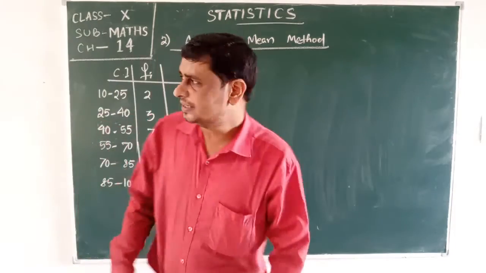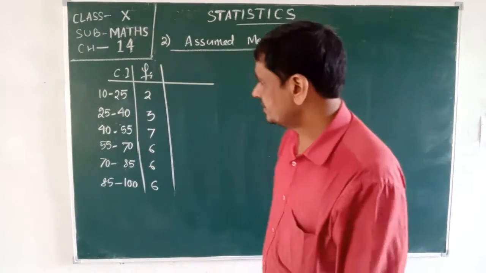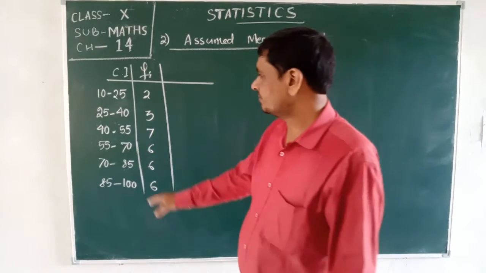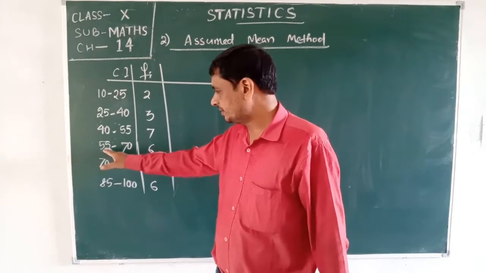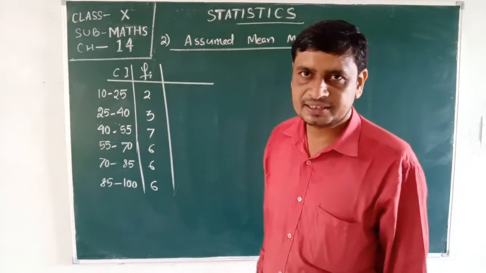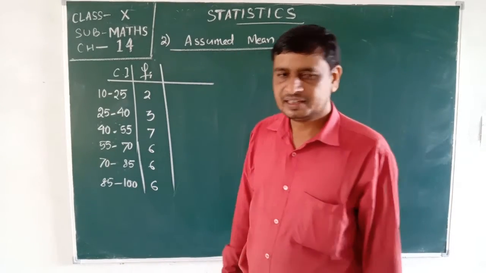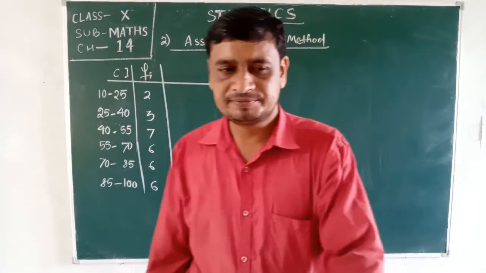The frequency for class 10 to 25 is 2, frequency of class 25 to 40 is 3, frequency of class 40 to 55 is 7, frequency of class 55 to 70 is 6, frequency of class 70 to 85 is 6, and frequency of class 85 to 100 is also 6.